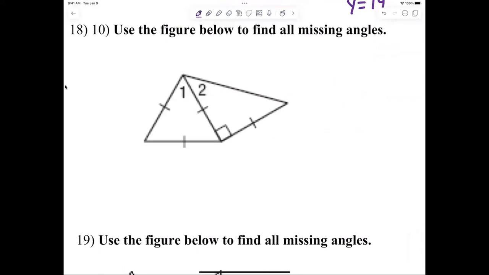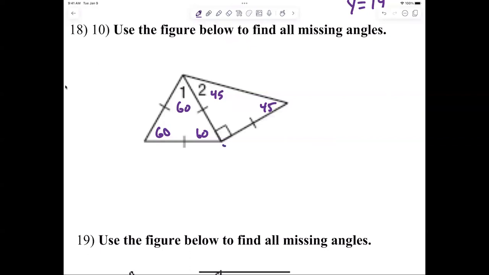Now, the one triangle on the left is all just 60. And then the other two angles are what? Those are 45s. You could get 45 and 45.